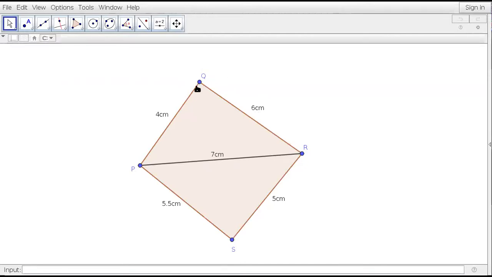Where the two arcs intersect, that will be your point Q. So with P as center and radius 4 centimeters, I'm going to cut an arc first. Then with R as center and radius 6 centimeters, I'll cut the second arc. Where the two arcs meet, that will be my point Q, or the vertex Q.